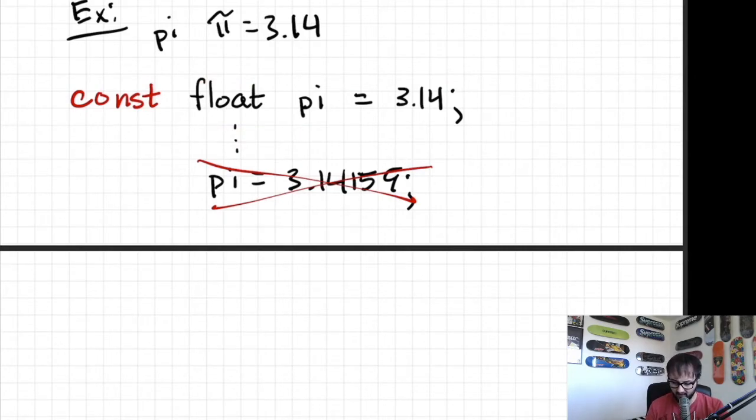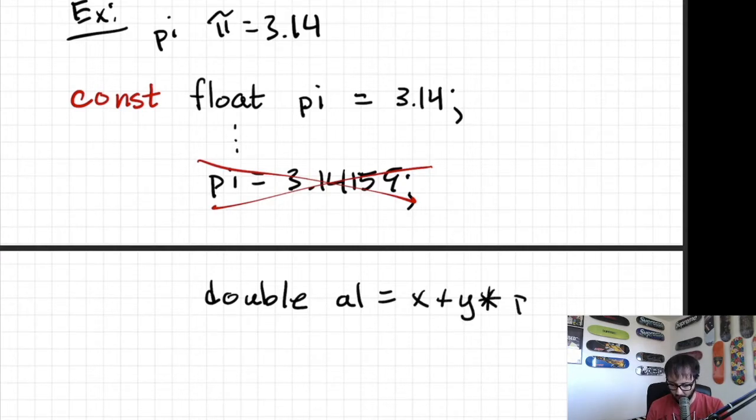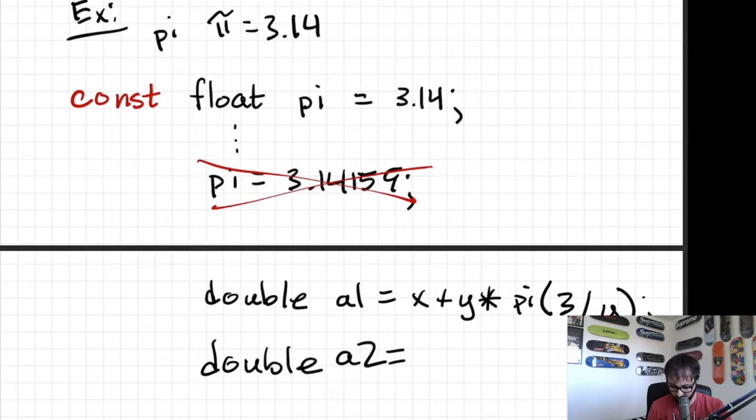And we have like a million computations down here, like double A1 equals X plus Y times pi 3 divided by Y, and double A2 equals pi times 7 divided by 3 modulus 2.